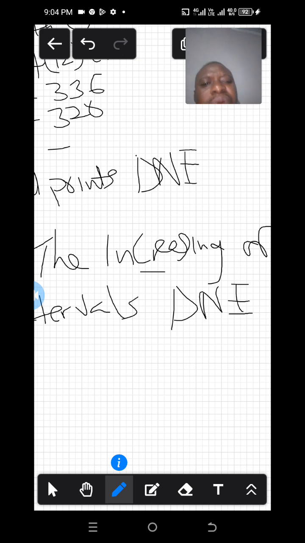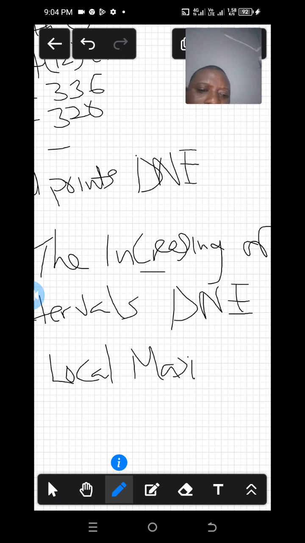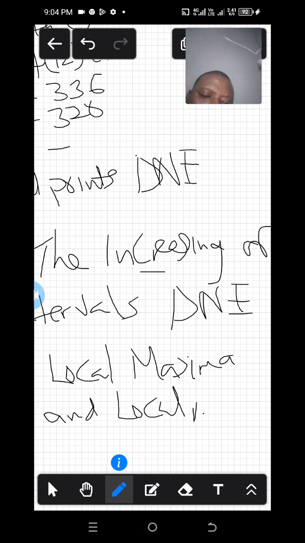Since we don't have anything to test using the first derivative test, the local maxima and local minima do not exist as well.